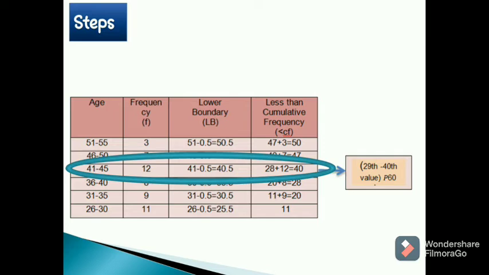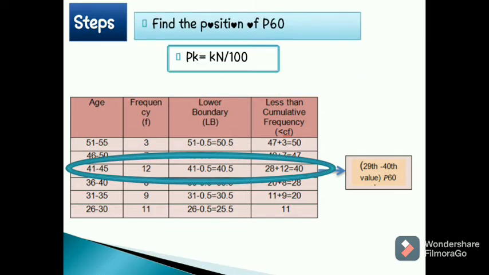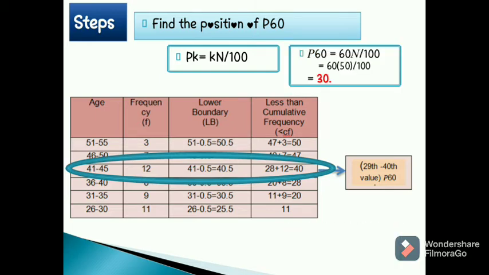So we had already our class for our percentile 60. How do we get this? We use this formula: Pk is equal to Kn divided by 100. So our K is 60 multiplied by 50, the N, and divide by 100. That's why we got 30.